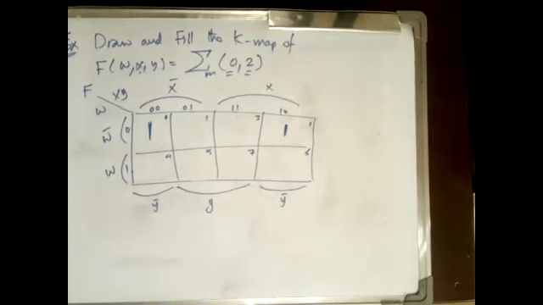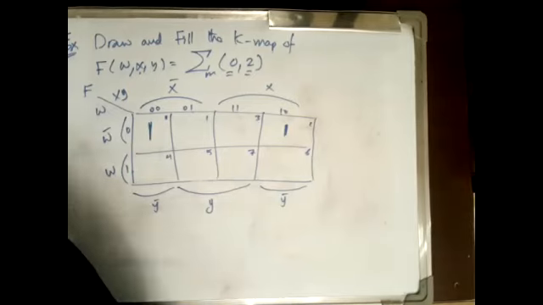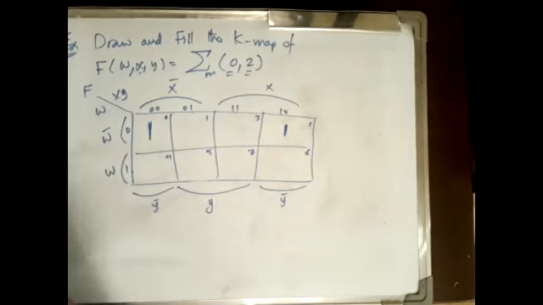Let's try to simplify this function using algebra or without using algebra. Let's try to simplify this function using the map directly. Simplifying using the map is basically trying to combine squares, because the more squares that you combine, the smaller the logic expression at the end.